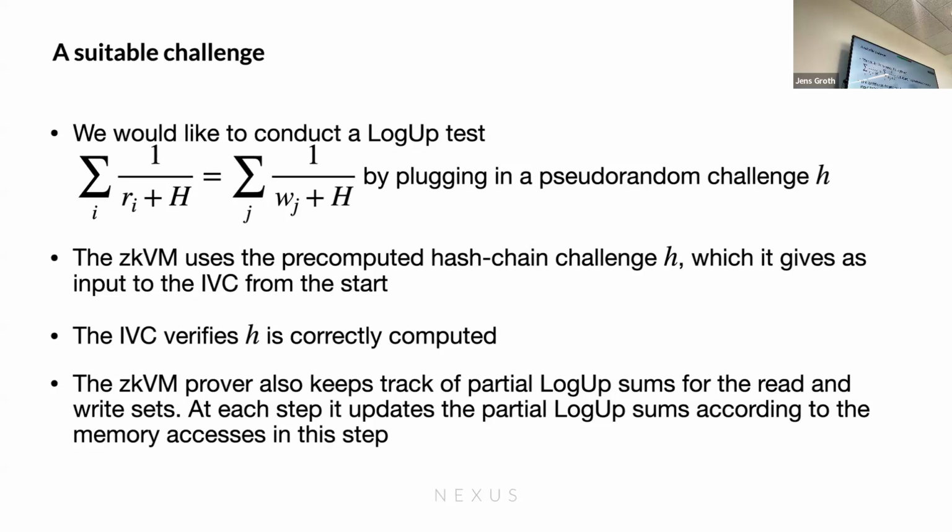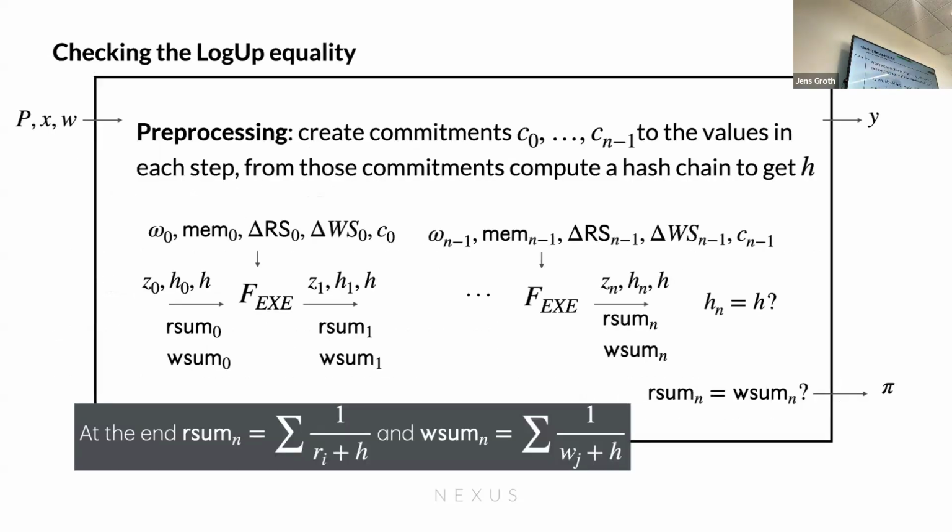You basically keep track of a partial sum. In each step, you compute some of the sums and add that to a running sum. At the end of the day, when you get all the way to the end of the incrementally verified computation, you will have those two sums. That's what I have on this slide.